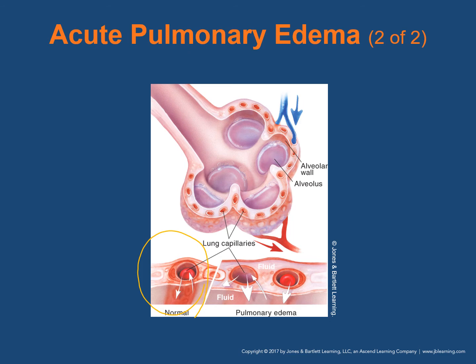Now, when there's fluid buildup here from this pulmonary edema, you can see the increased fluid around. So the oxygen gas has a lot more fluid and space to diffuse through, and so it doesn't happen as effectively, and they become hypoxic and dyspneic, short of breath.